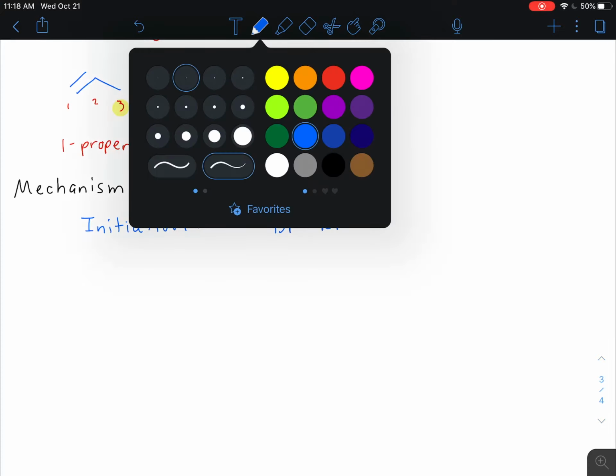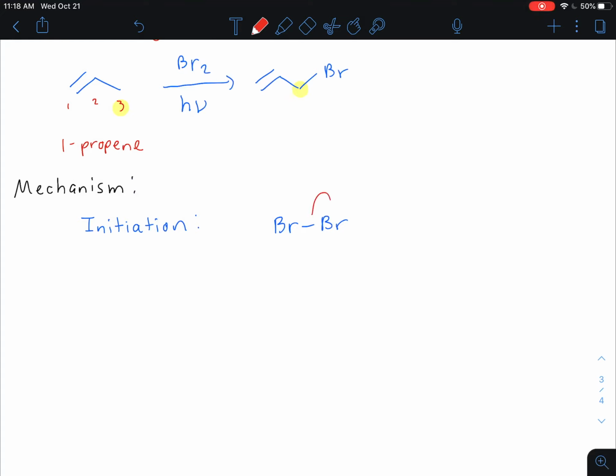We start with our halogen, whether it's Br2 or Cl2, and we begin by breaking that bond between them. And remember, that's being broken homolytically to tell us that each atom takes one of the electrons. So we have these radicals that don't have any charge associated with them, but they are fairly reactive as a result.